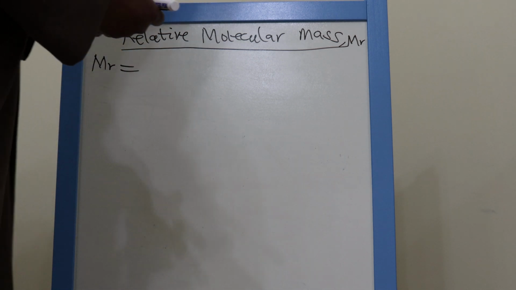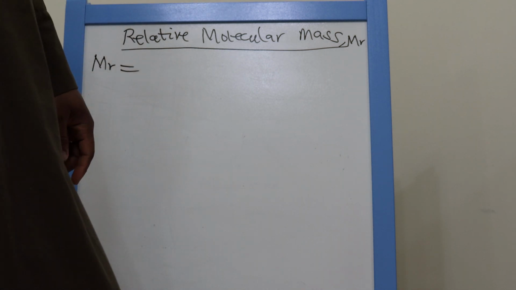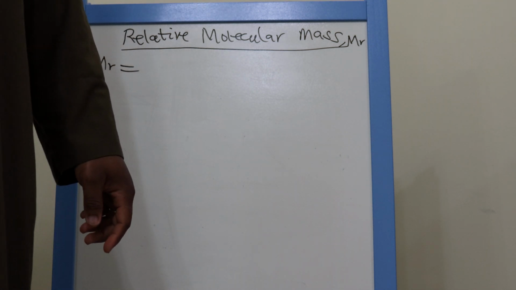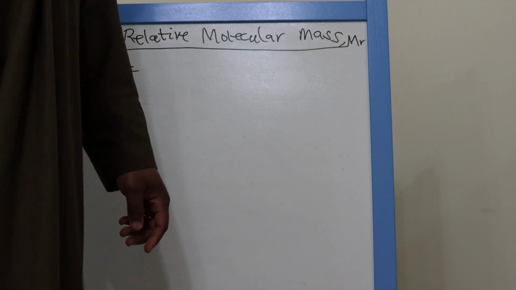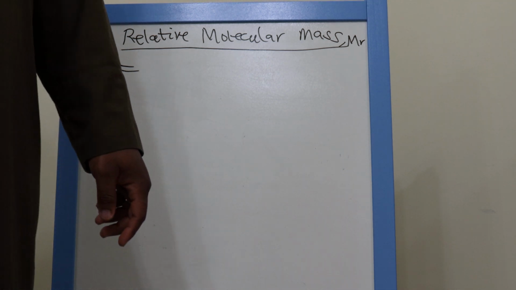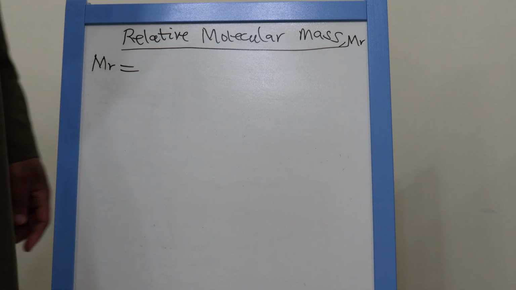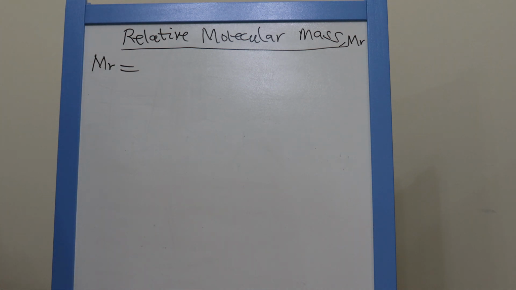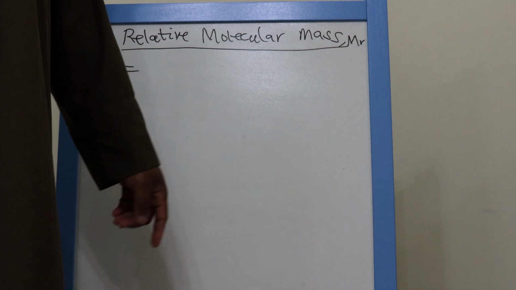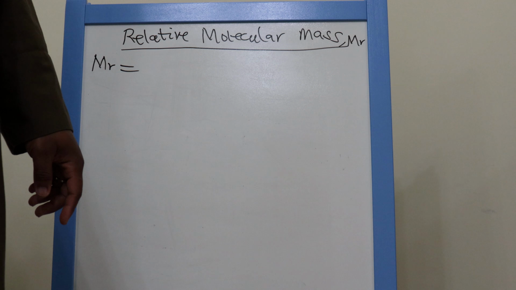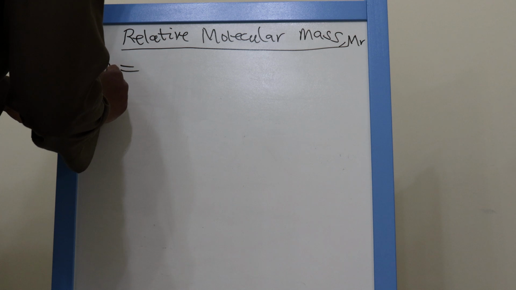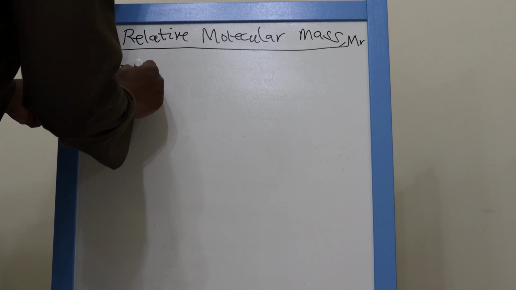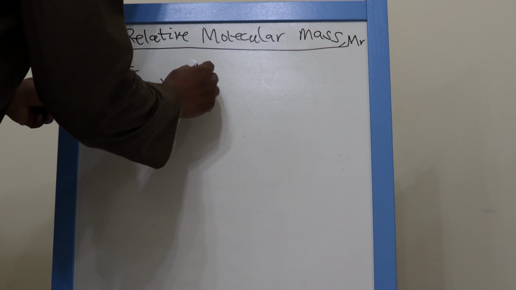Anyway, before I proceed, the last time I treated relative atomic mass, the last example that I gave was an example of atomic mass unit. The atomic mass unit of magnesium is 24 mu.